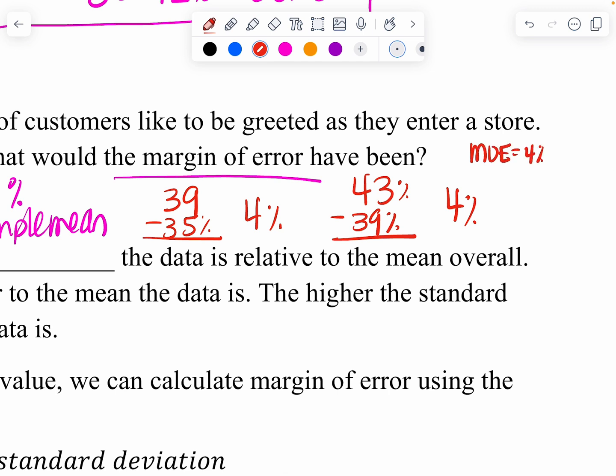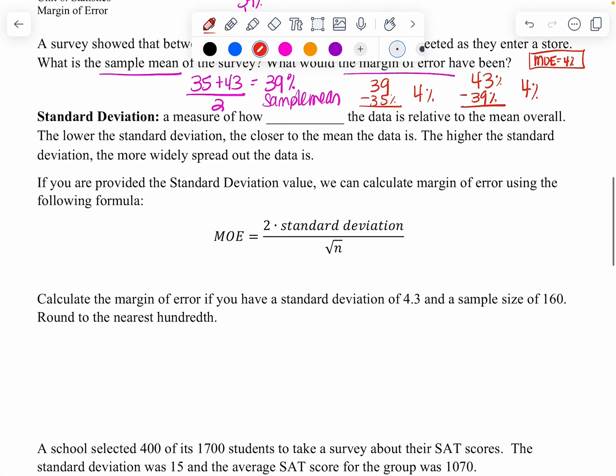4%. All right, let's talk standard deviation, and then we'll be done with margin of error and everything you need to know about statistics. So standard deviation is a measure of how spread the data is relative to the mean overall.